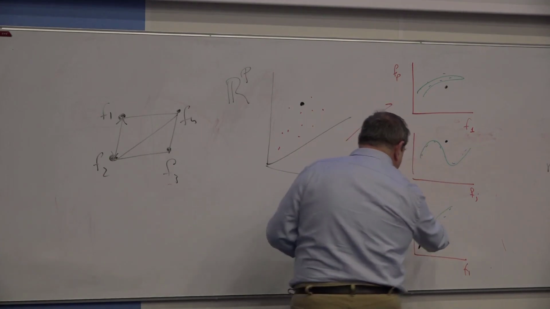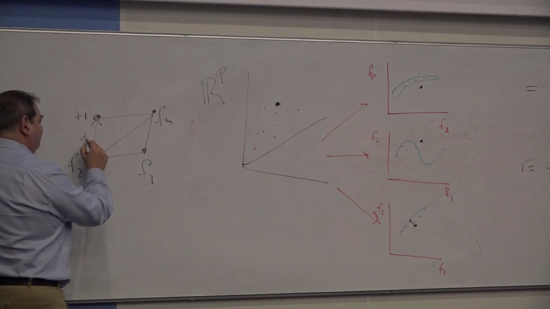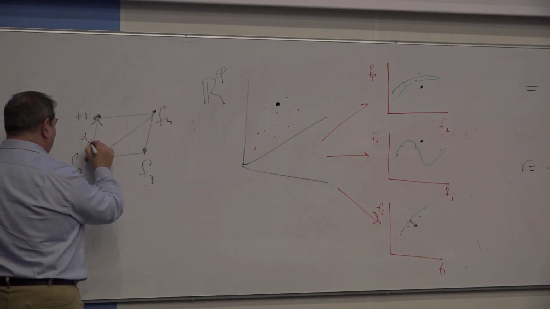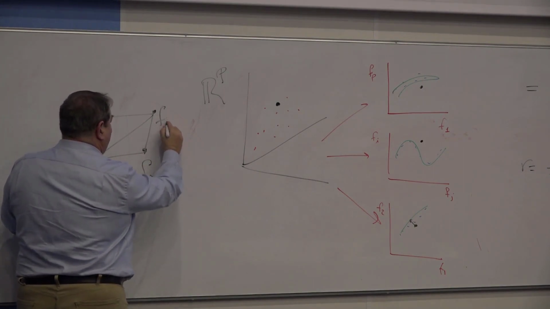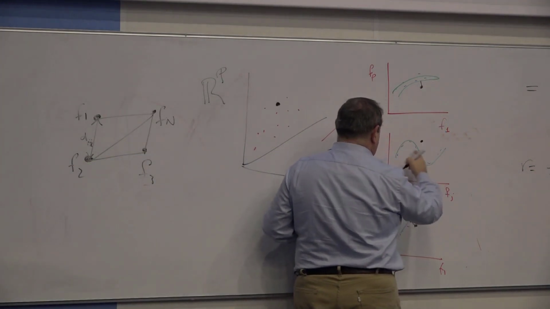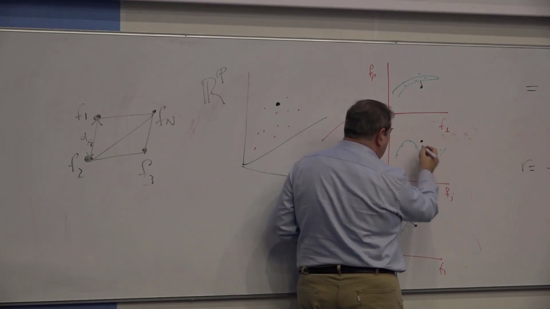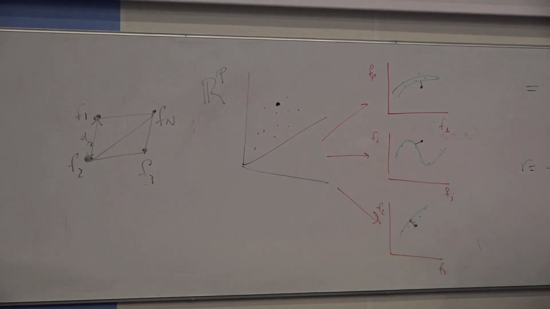This distance will be the value that I put here, d12. To define the link between feature 1 and feature n, I go here, and the distance will be this one. To define the link between node i and node j, I calculate this distance. Okay? Is it clear?